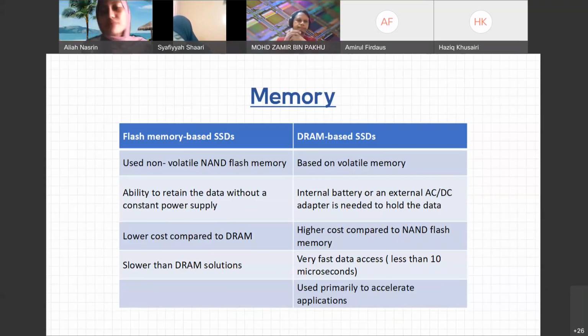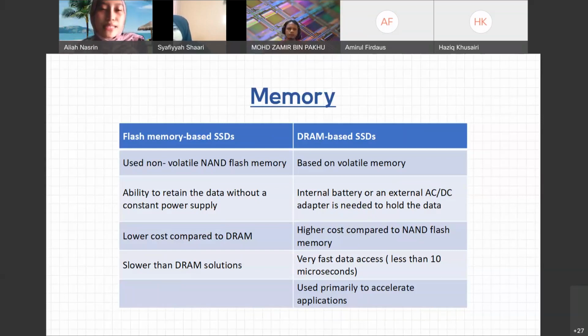Besides, flash memory based SSD is lower cost compared with DRAM, and it also has the ability to retain the data without a constant power supply, ensuring data persistence through sudden power outage. Flash memory SSD was initially slower than DRAM solutions, and some earlier designs were even slower than hard disk drives. But this problem was resolved by controllers that came out in 2009 and later.